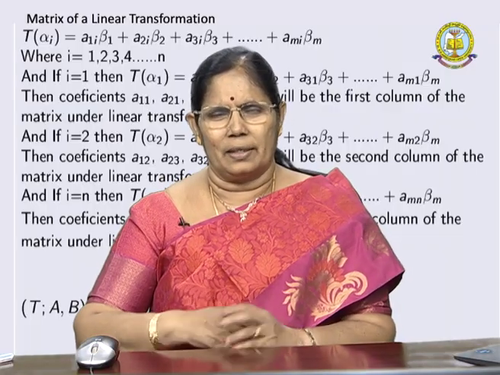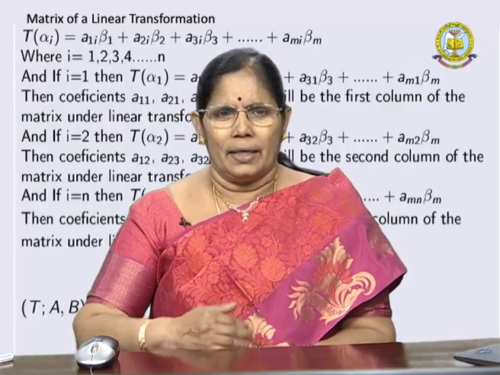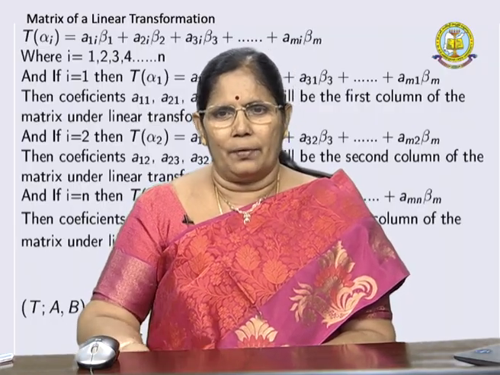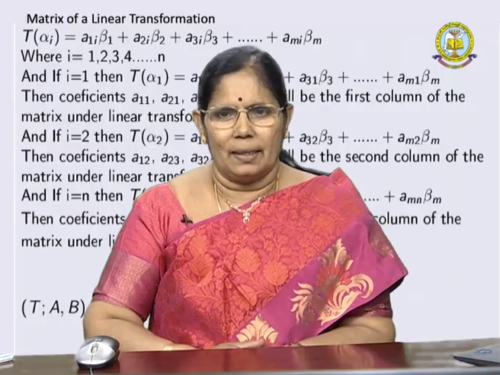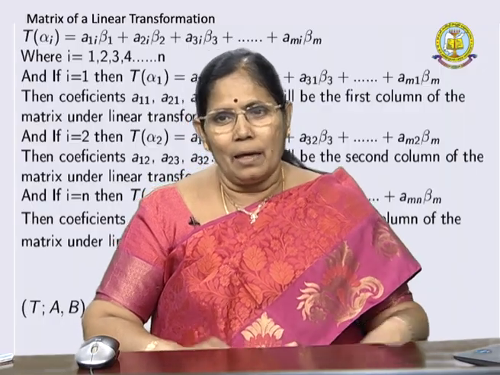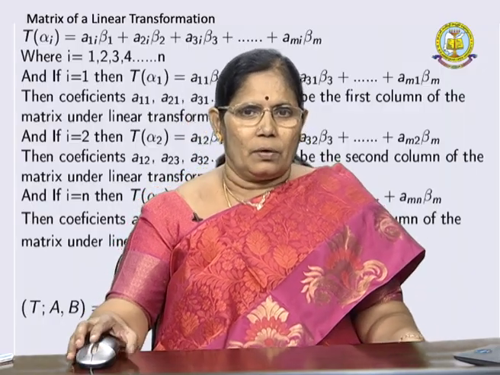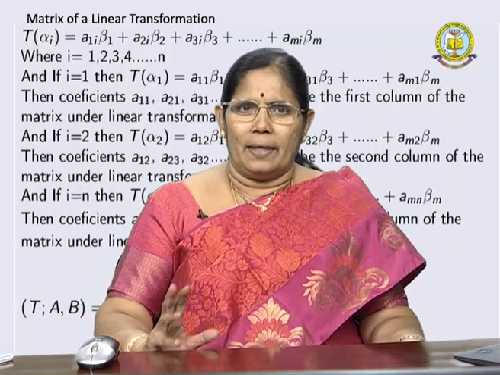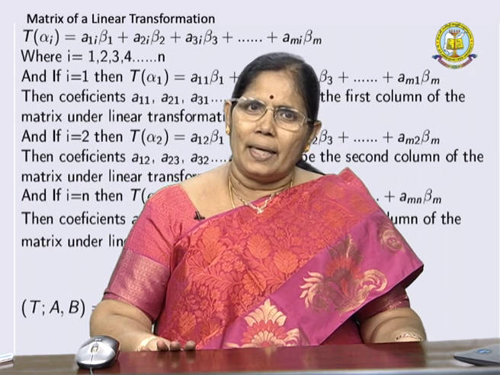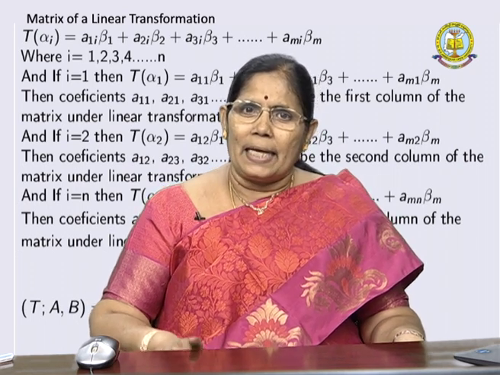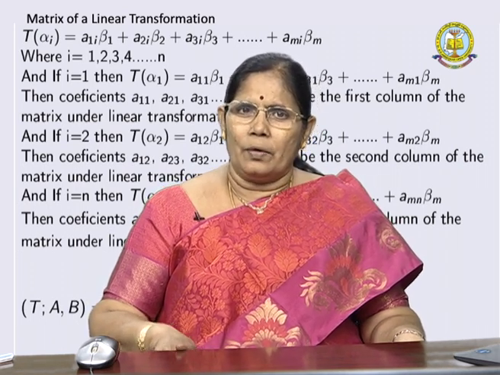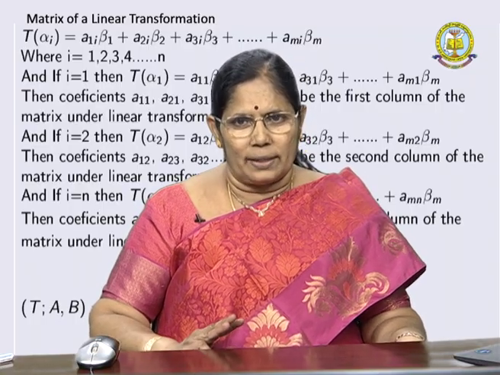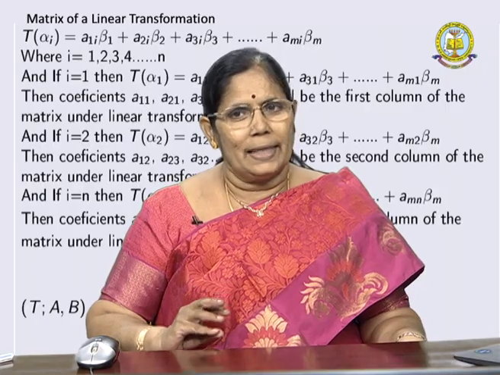Actually, instead of defining T11, T22, T33 like that, I have defined T_PQ of alpha i, which is nothing but delta_iq beta p. So, here consider the set of all these T_PQ. How many will there be? Your p can be any one from 1, 2, etc., m, and your q, for p you have m choices, for q you have n choices.